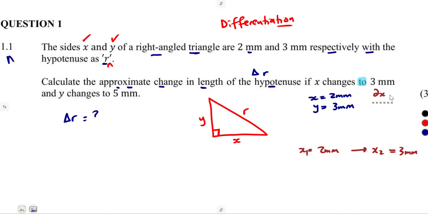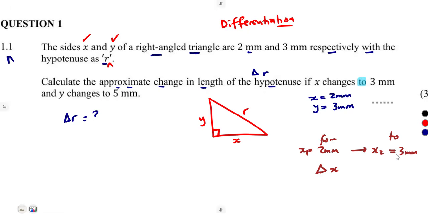You have that change, which we can also write as the change in x, the change in y, or the change in whatever you're given. But here we are not given that change. They told us that x changes from one value to another. So therefore, we can find the change which happened in x.